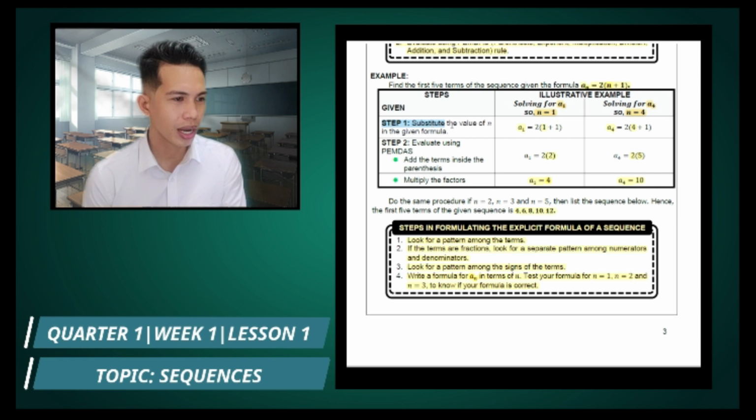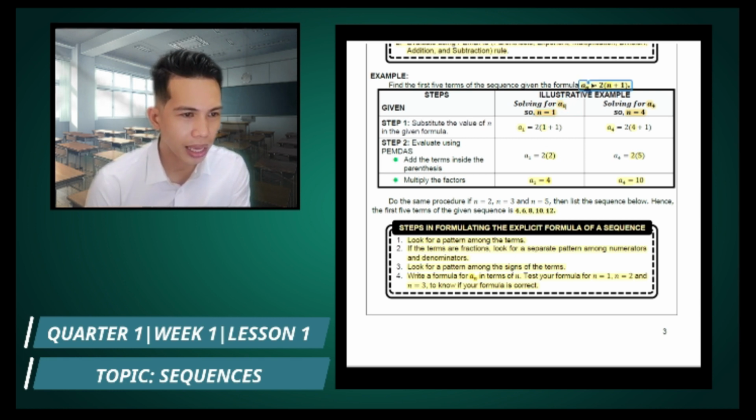Okay, step number 1, we have to substitute the value of n in a given formula. In solving for a sub 1, we substitute n equal to 1. So this came from the formula a sub n. Remember, change n to 1. That's why we have a sub 1.